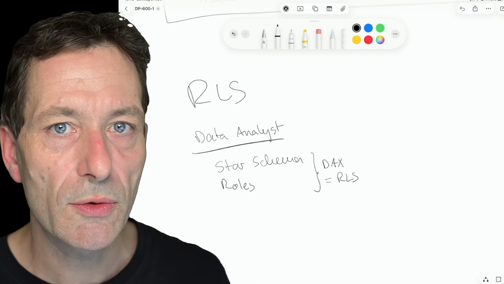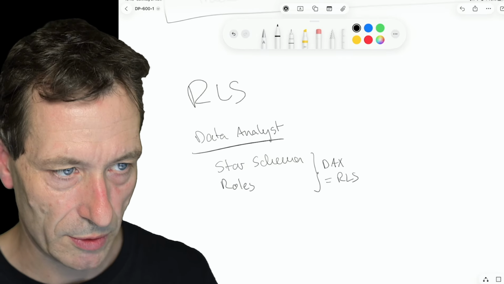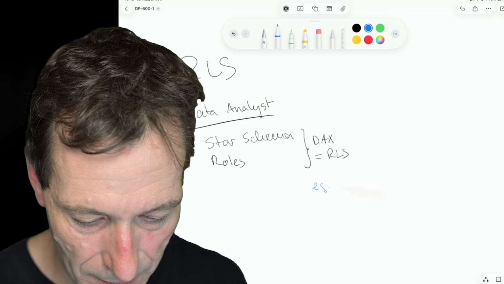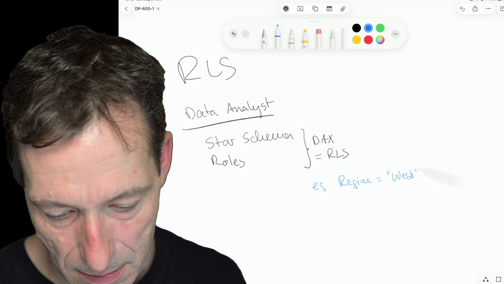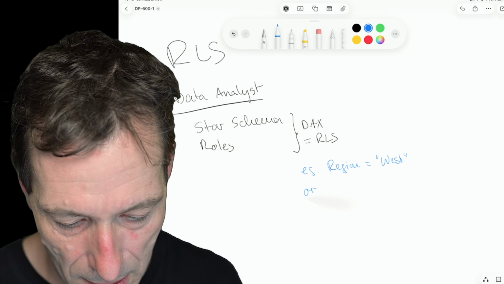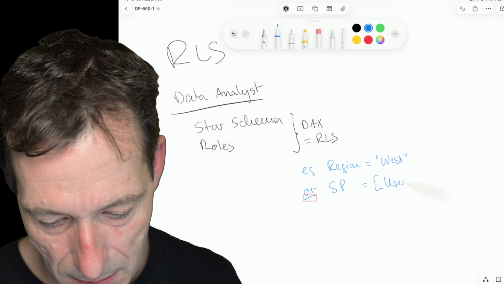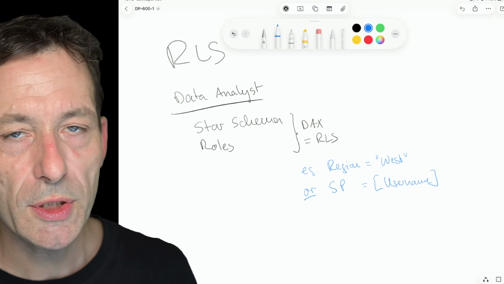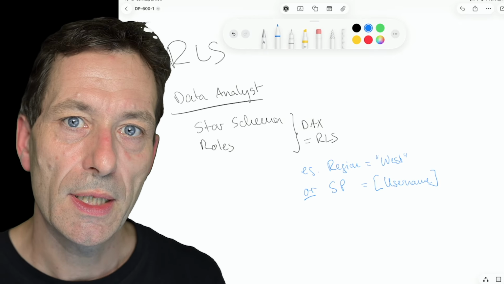So in row-level security, the criteria on the star schema are combined with different roles. So for example, region equals West, or salesperson equals username, which means that either the region is West or the username, the name of the user is the salesperson.